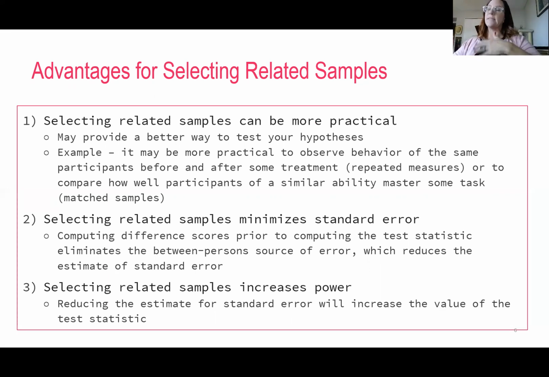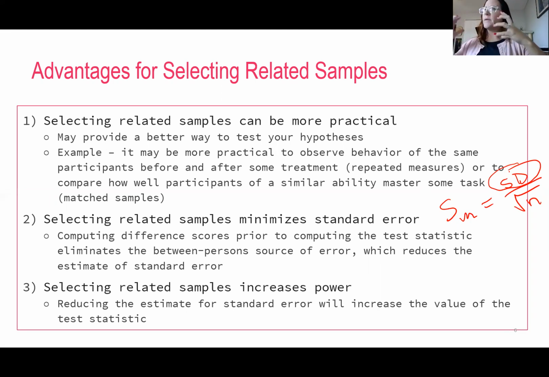The related samples, we're talking about minimizing our error, because remember, in the equation alone for error, so if we just think of S of M, okay, we have our standard deviation divided by the square root of n. We are minimizing the standard deviation because it's the same people.